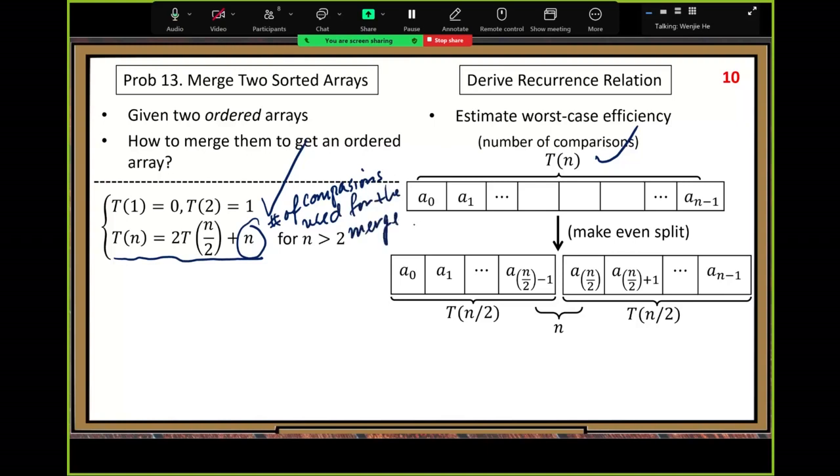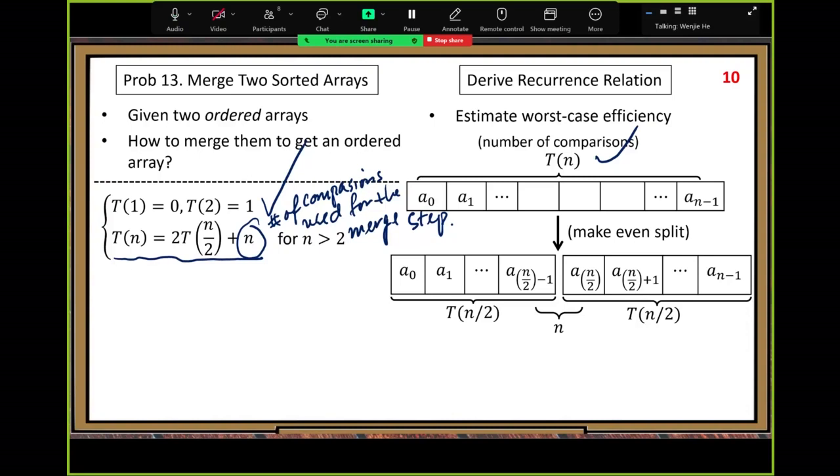There is a cost. You have two ordered arrays, and after you combine them, you need to apply the standard merge operation. That's the worst case, and here we use the worst case. In the best case, you use n over 2.